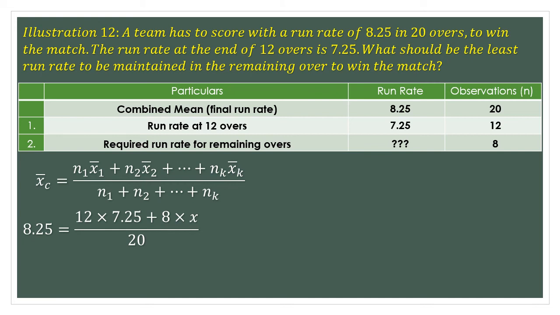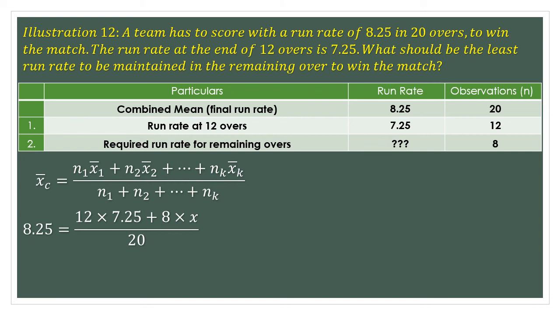So this is a sum which includes an unknown variable x here. The required run rate is what we are supposed to find, which we don't know. So observations, overs, will be multiplied with the unknown mean, that I am assuming as x, divided by the total number of overs in the match, that we already know, 20 overs. So this is how our equation is going to play out.